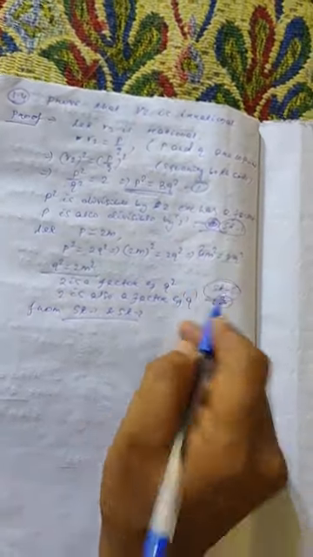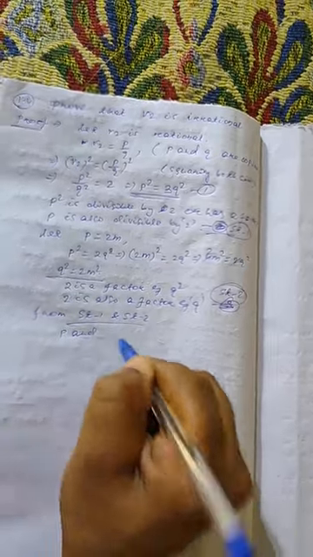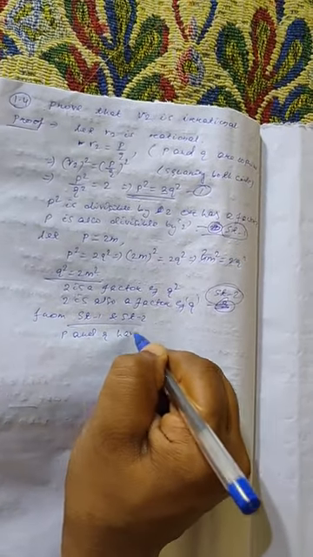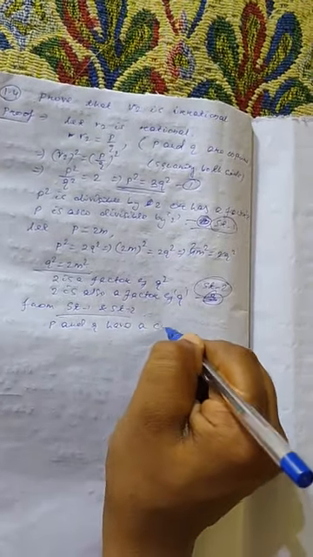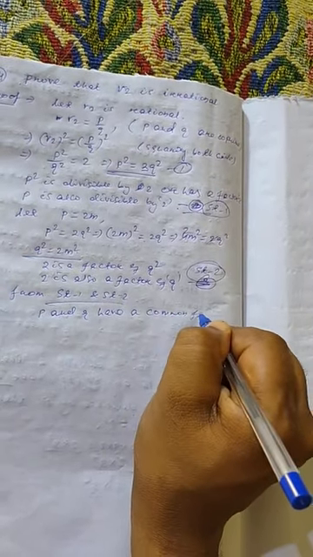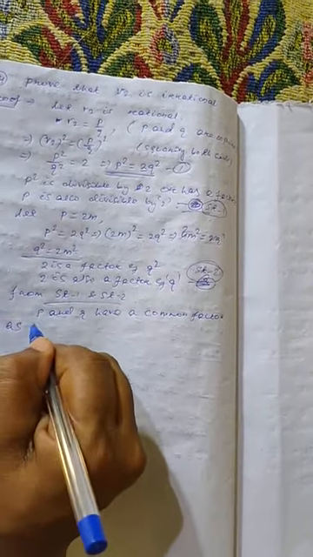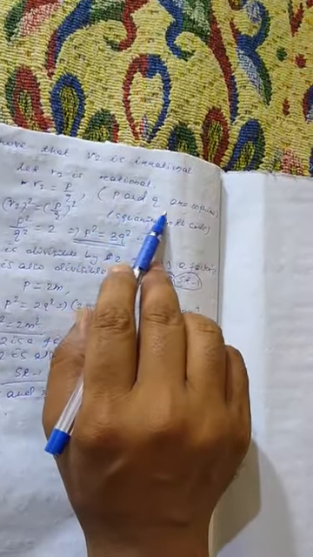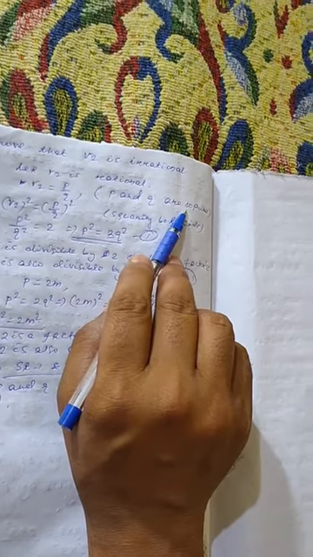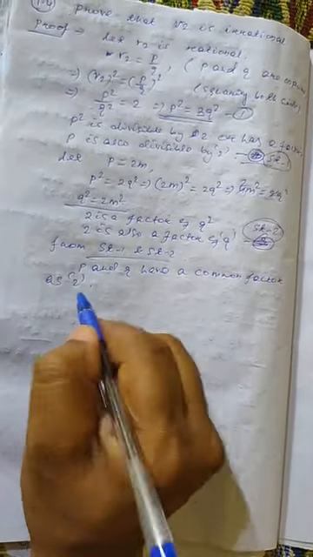That means p and q have a common factor 2. But we wrote that p and q are co-prime, that means they don't have any common factor, whereas here we get that p and q have a common factor 2.